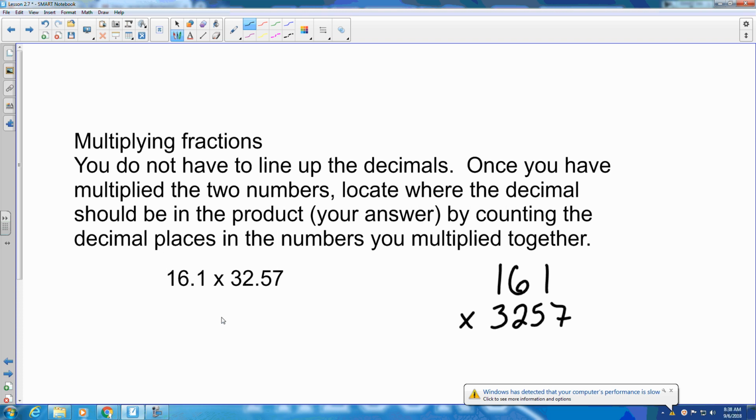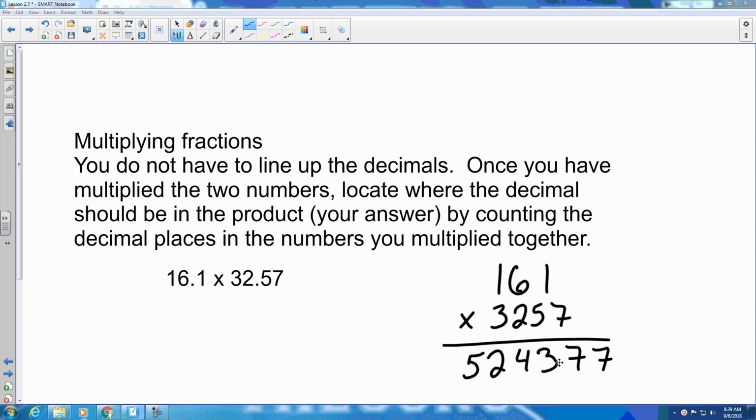So if you type that in your calculator, 161 times 3257, you would get 524,377. Okay, so now what we have to figure out is where the decimal place is going to go. If you look here, the decimal place moves 1 unit.